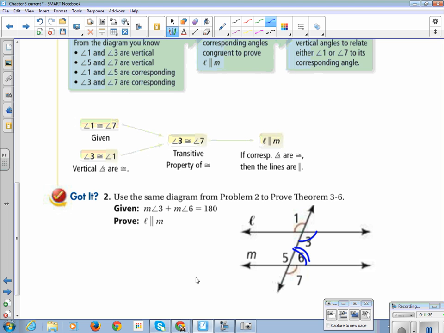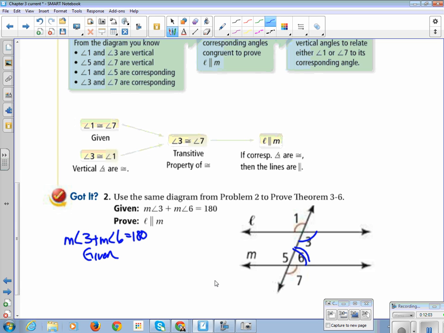So just for fun, we'll use flow. The measure of angle 3 plus the measure of angle 6 is equal to 180. By what reason? How can we say that that's true? How did they say it was true up here? Would we use our template? It's given.